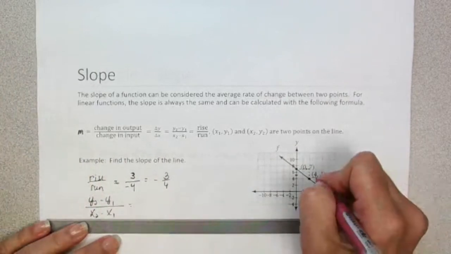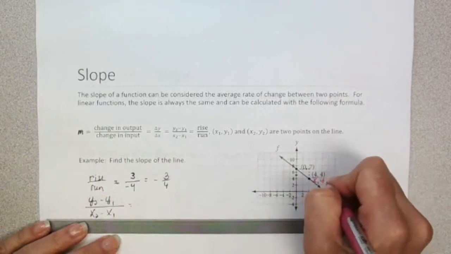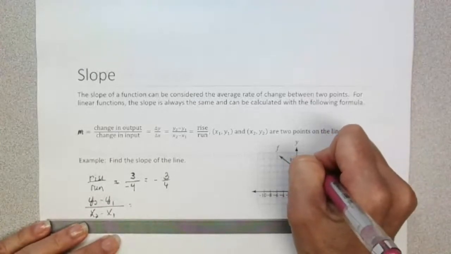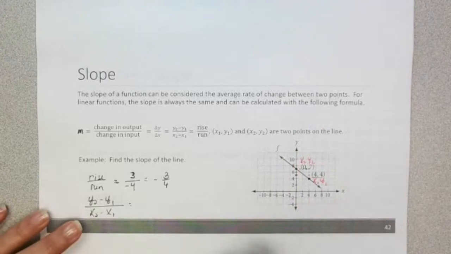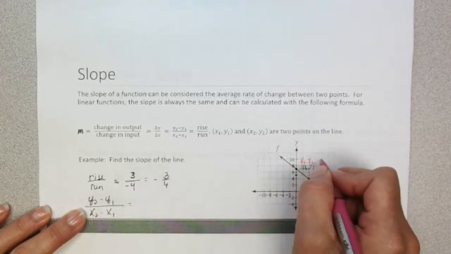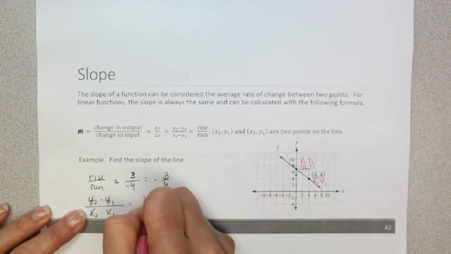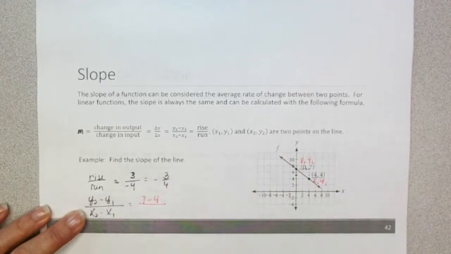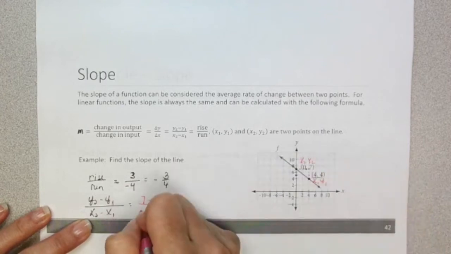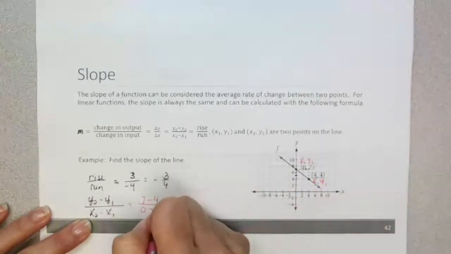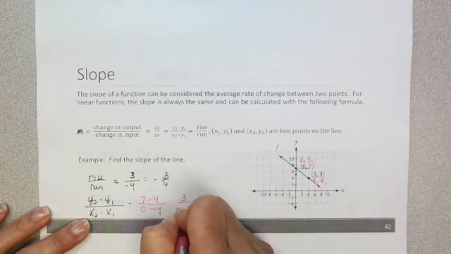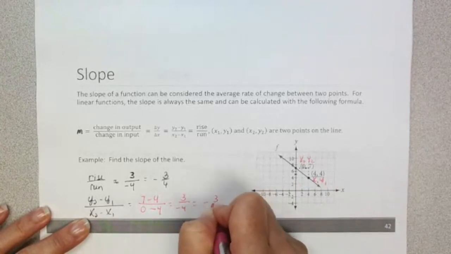So my x1 will be here, my y1 will be there, my x2 will be 0, my y2 will be 7, right? So then to find the slope with the formula, y2 minus y1, y2 is 7, minus y1, that's 4, so it's 7 minus 4 over x2 minus x1. x2 is 0, x1 is, of course, 4. 7 minus 4, that's 3 over negative 4, or negative 3/4.